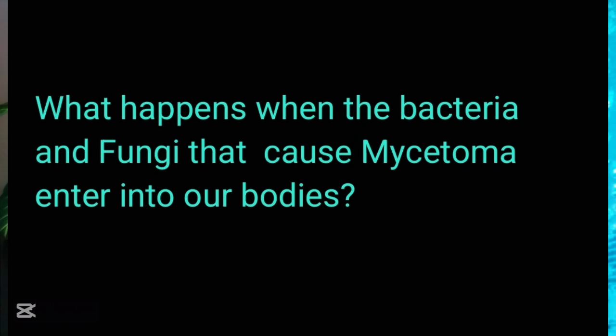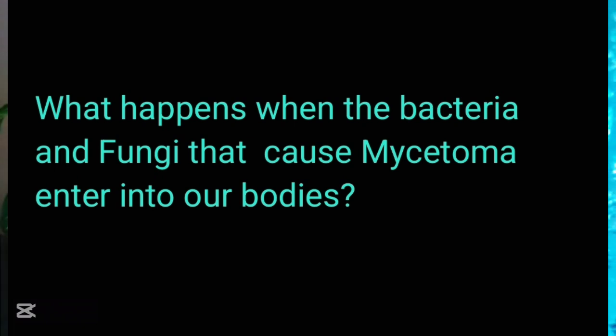These sinus tracts will drain the pus from the deeper tissues of the body and the nodules to the surface of the skin. This pus will also contain the grains or the granules that were formed as a result of the aggregation of the bacteria or the fungi that are causing mycetoma in that particular patient.